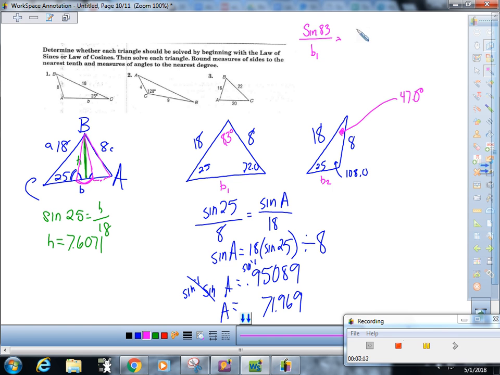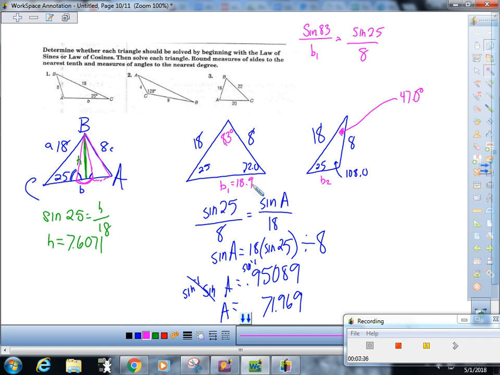I always use the given one, so sine of 25 is to 8. Okay? Cross multiply and divide. 8 times sine of 83 divided by sine of 25. 18.92961, so we're going to call that 18.9.